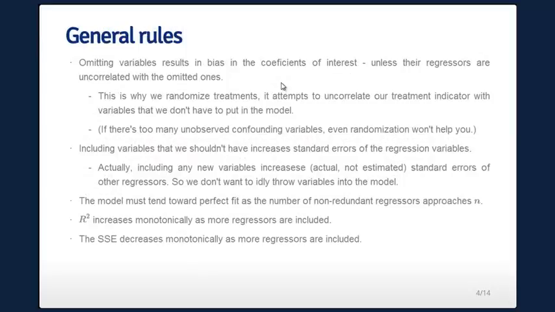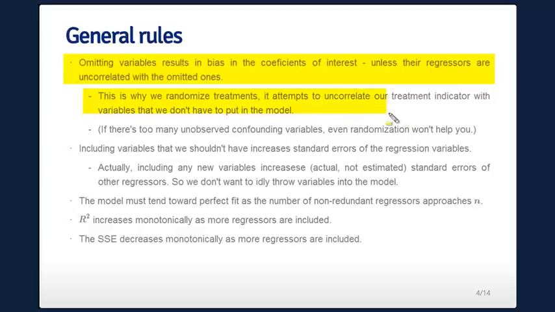Some general rules about variable inclusion in regression models. Omitting variables tends to result in bias, unless the variables you omit are uncorrelated with the variables you're interested in. This is why we randomize treatments, and why randomized experiments are the standard for evidence.